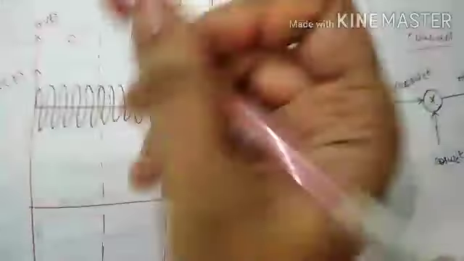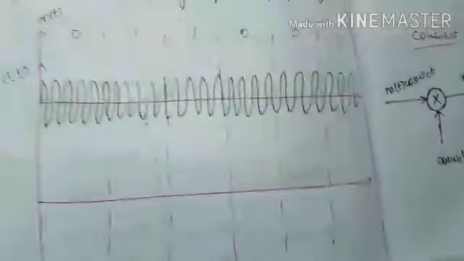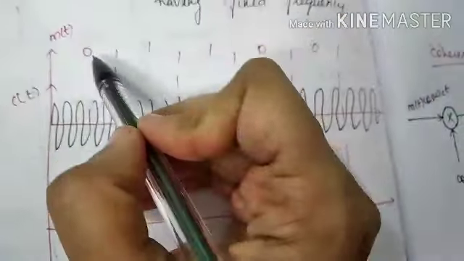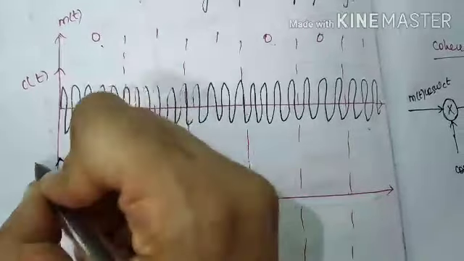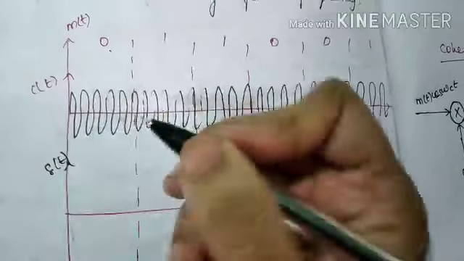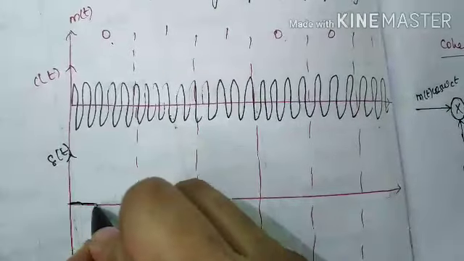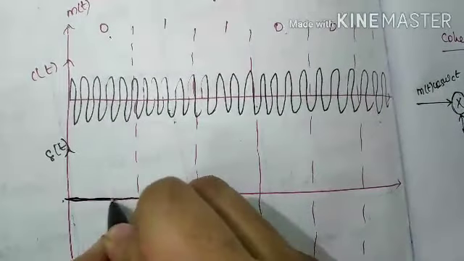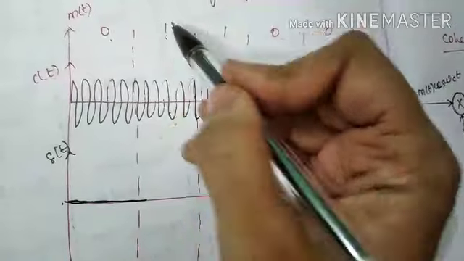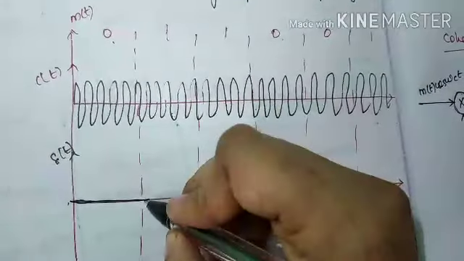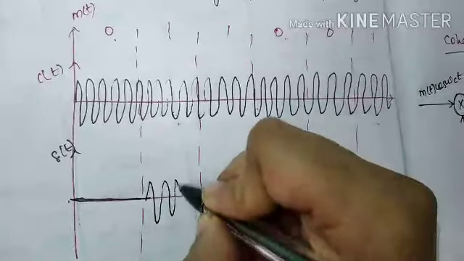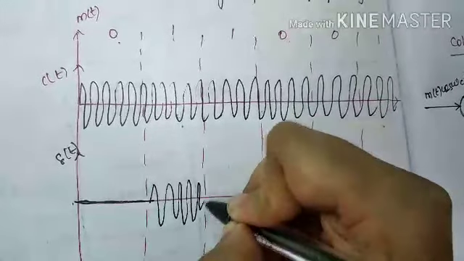Now listen here. For 0, the message signal is 0, so the output, that is the modulated signal s of t, will be 0. Here we are having 1, which is multiplied with this carrier signal, so the same carrier wave will occur in the modulated signal.